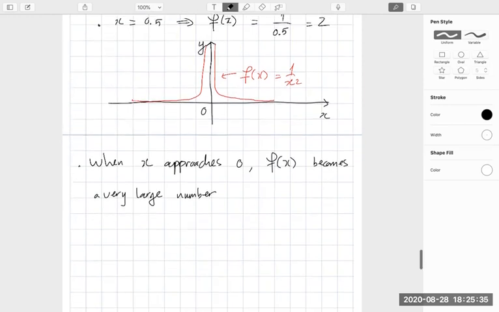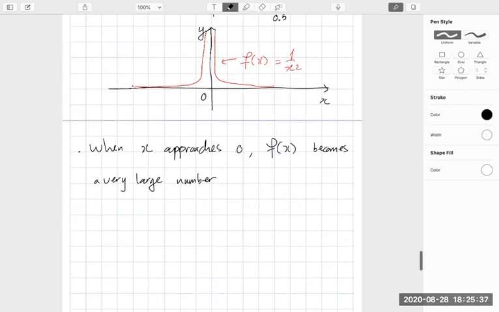So, f of x, we see that it does not approach any fixed value.